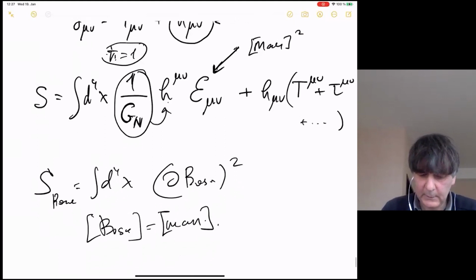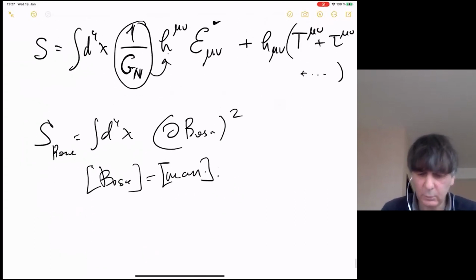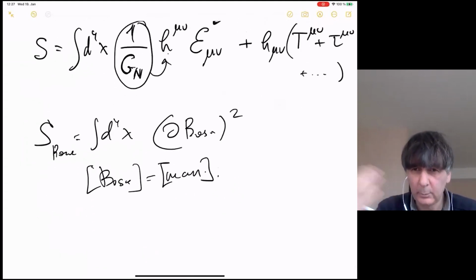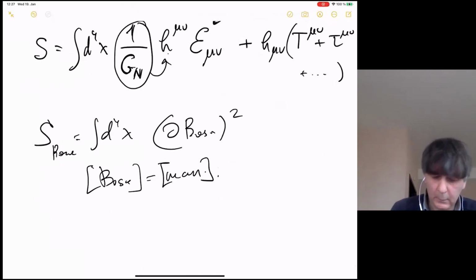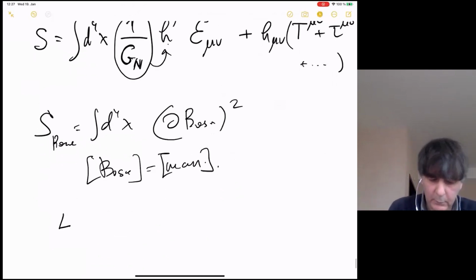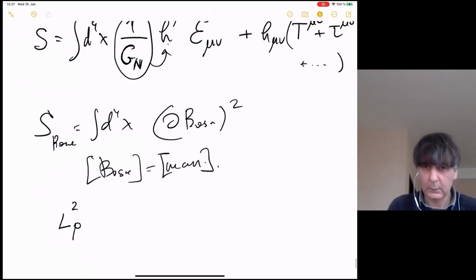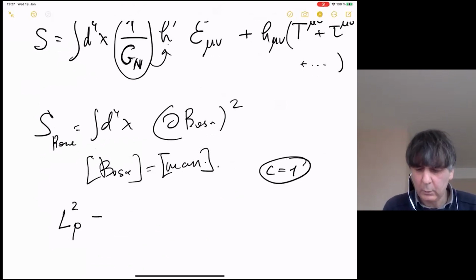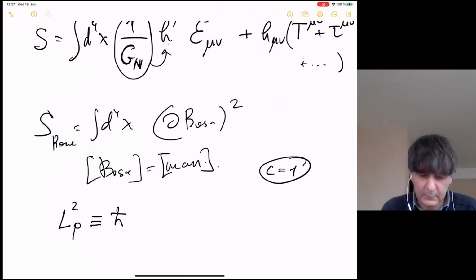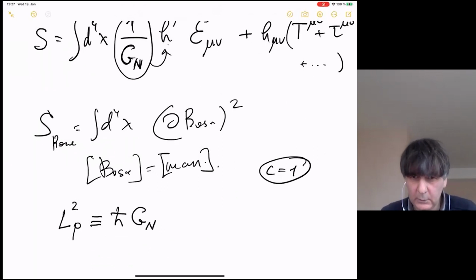But instead of g Newton, now it is useful to go to the Planck mass. Remember, we introduced a Planck length in the very first lecture. So let me restore h bar again. I'm keeping c equals 1 all the time, but h bar sometimes is useful to restore. So the definition of Planck length square is h bar times Newton's constant.